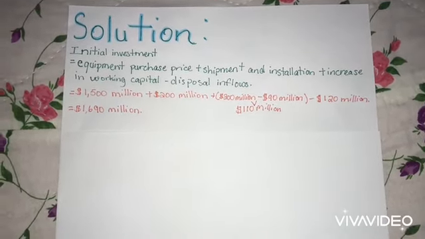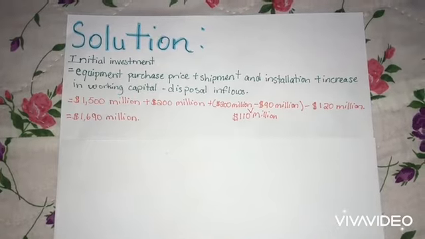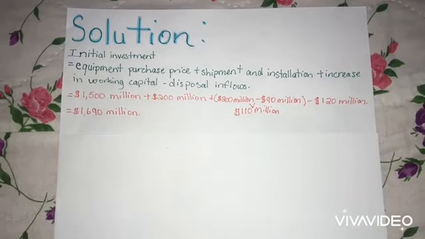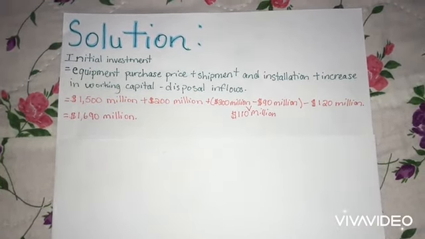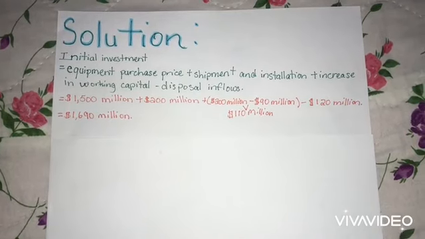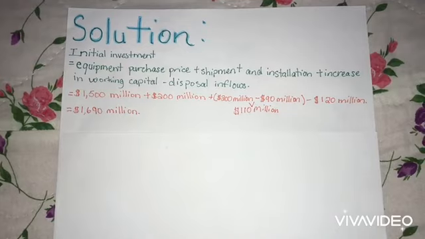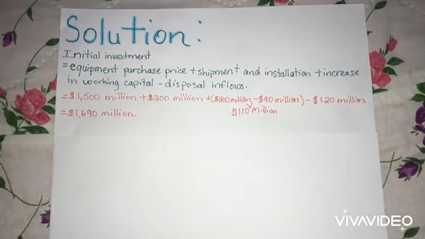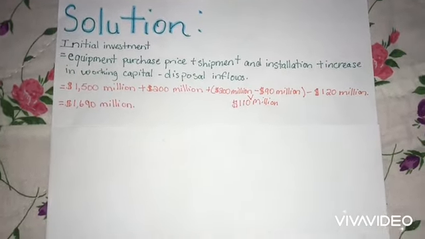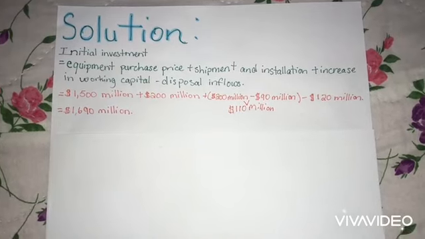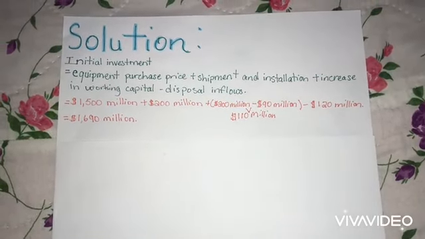Now, for the increase in working capital, you'll take 200 million minus 90 million, which will then give you 110 million for the increase in working capital. Then you'll minus 120 million, and your total then will be 1,690 million.